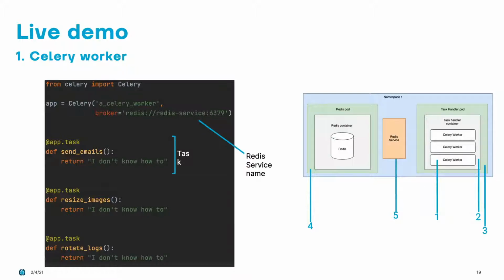And number 5 is the Redis service, which I'm going to explain in a while. The Redis service basically just allows other pods to connect to this Redis pod without routing through an external network. So the Kubernetes pods, when they're running inside a cluster, they have an internal Kubernetes network.